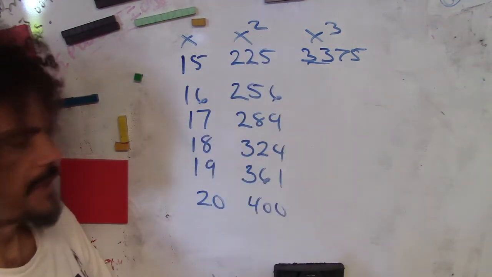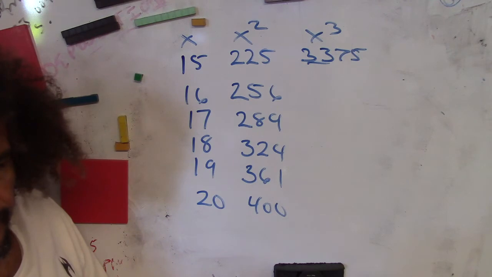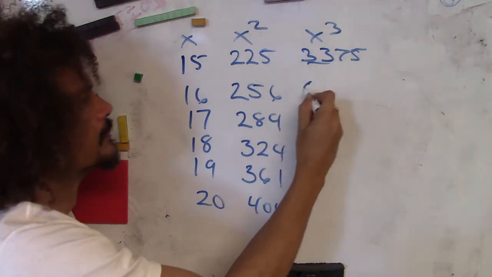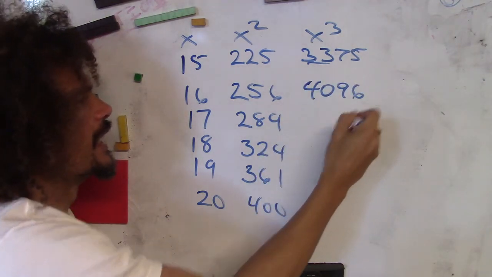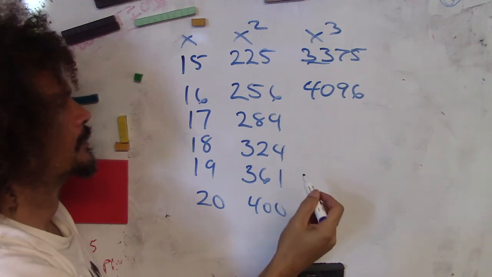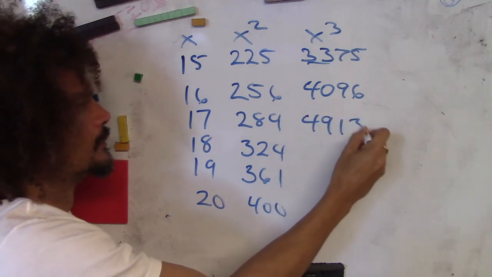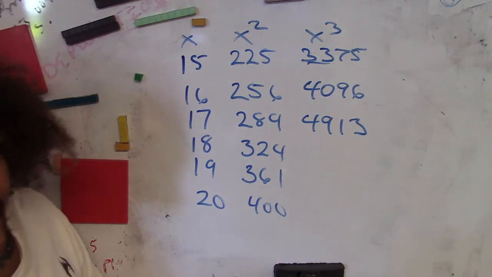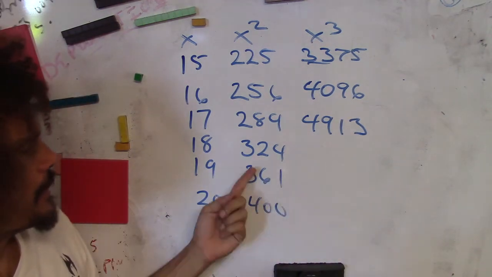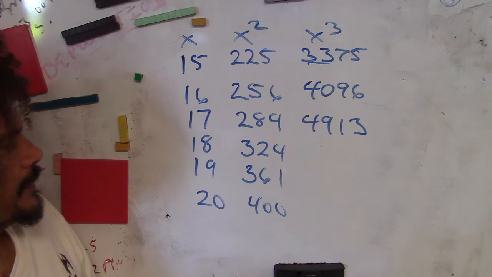All right, so 16 cubed is 4096. And isn't that vaguely interesting? 17 cubed is 4913, a very odd number. Keep going. 18 cubed is 5832.